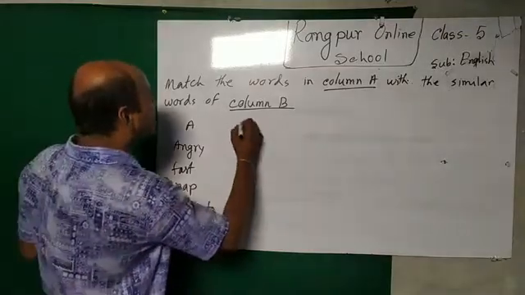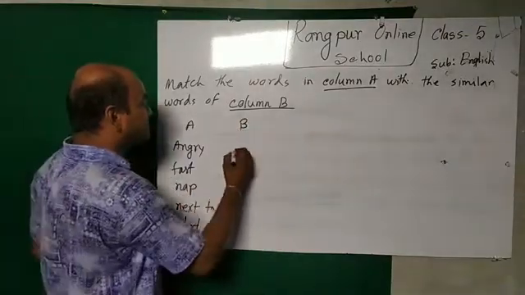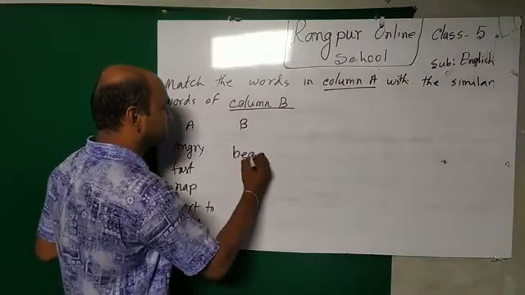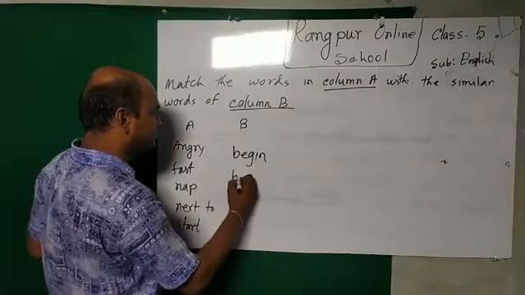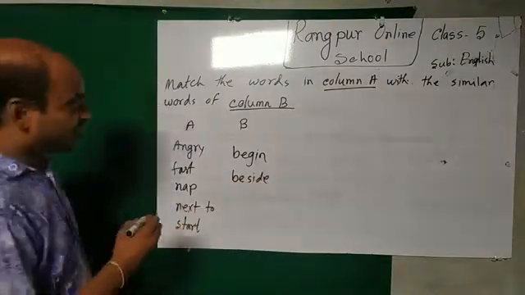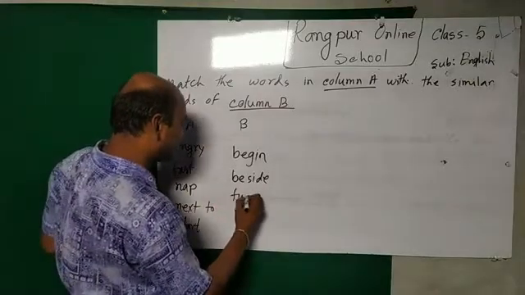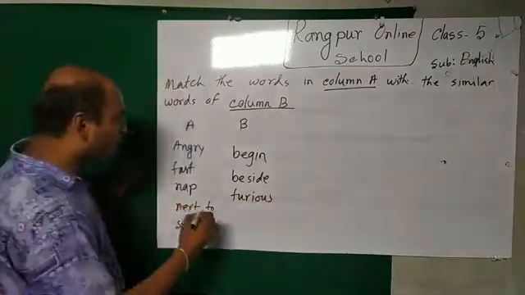Then column B here: begin, decide, furious, quick.